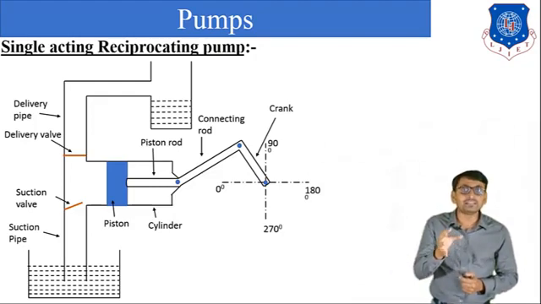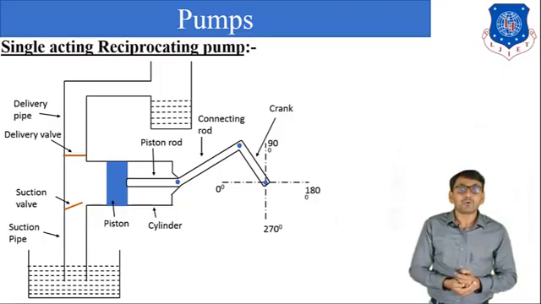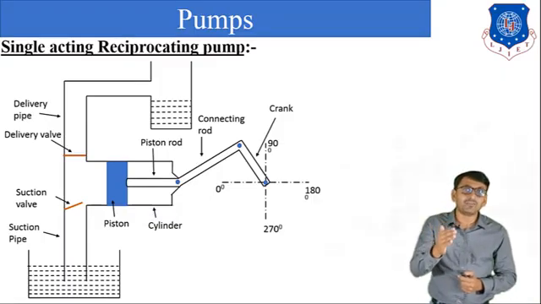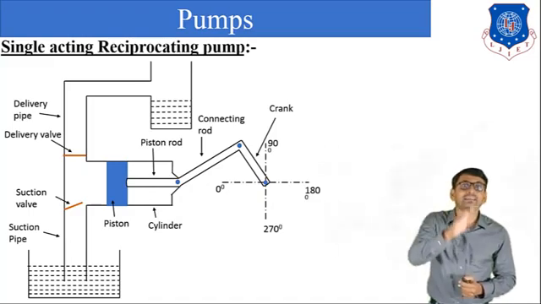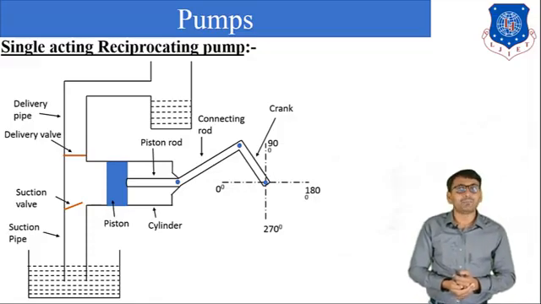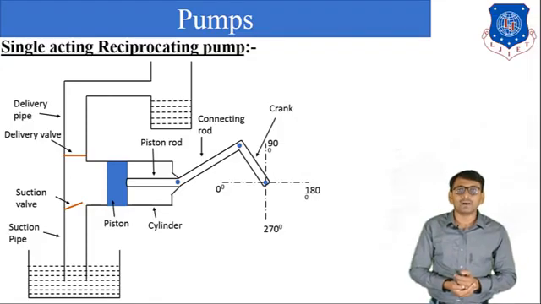So water which is present in the cylinder produces force on the delivery valve. So the delivery valve opens and water which is present in the cylinder is discharged to the discharge tank by delivery pipe.